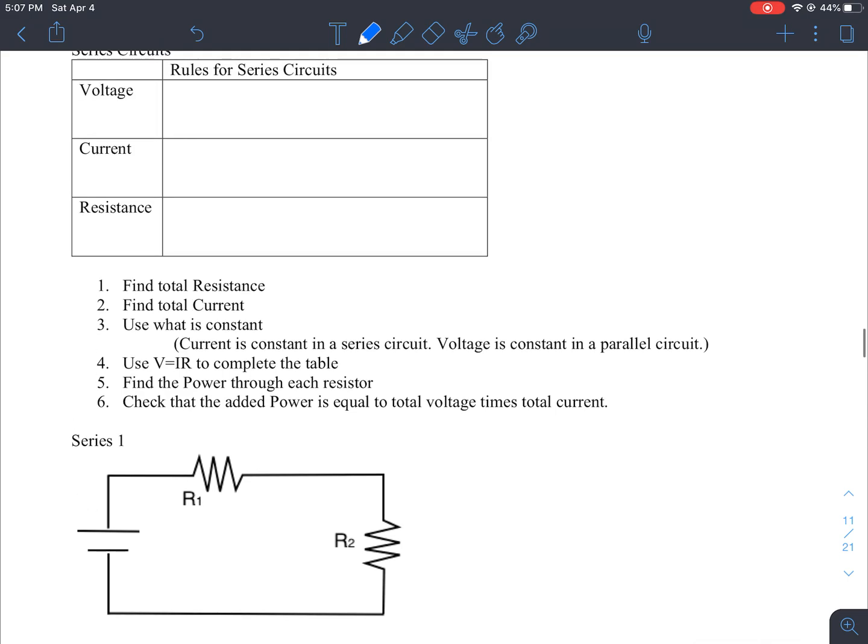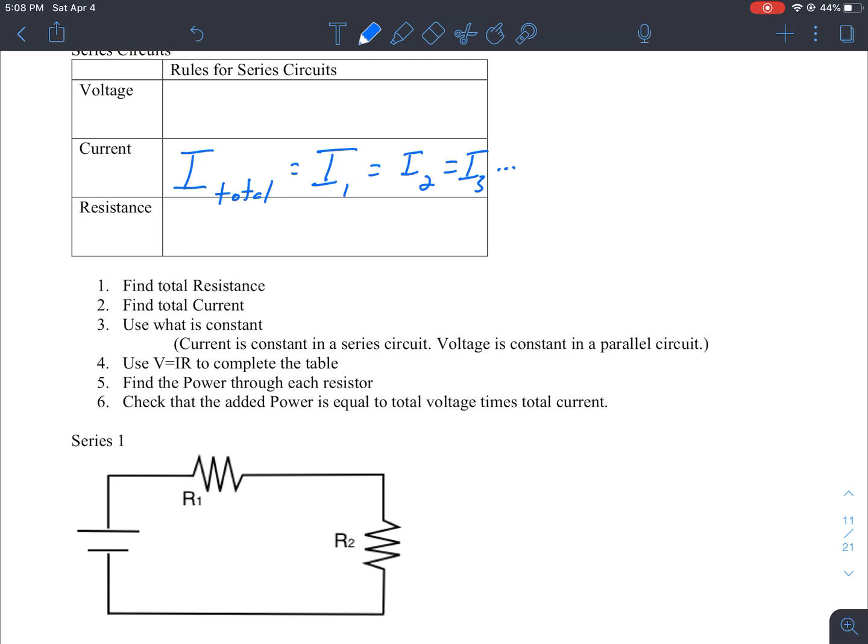So the current is going to be the same everywhere. Or if it was a hose and you had water moving through it, the current speed or amount of water going through is the same no matter where you are along that hose, as long as the diameter didn't change. That's going to come in handy later on.